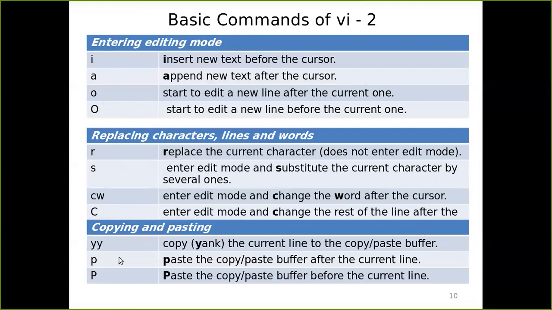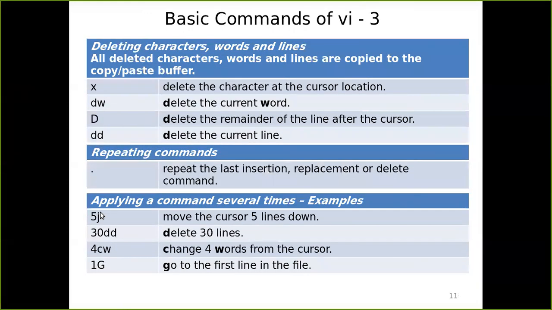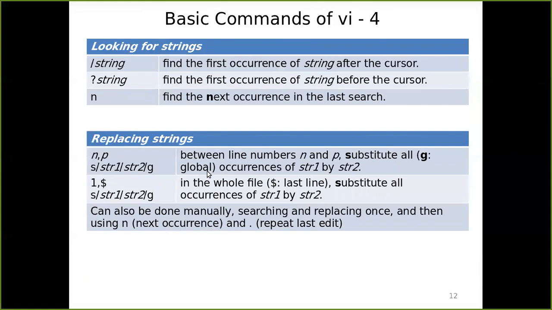A few more you can experiment with, yes, like capital C, which you're not seeing, but you can experiment. And then we have seen x, dw, dd. Capital D deletes from the current cursor to the end of the line, the remainder of the line. So you can experiment on that. Dot we have seen, and this we have seen. Almost all commands, you can perform that operation actually.